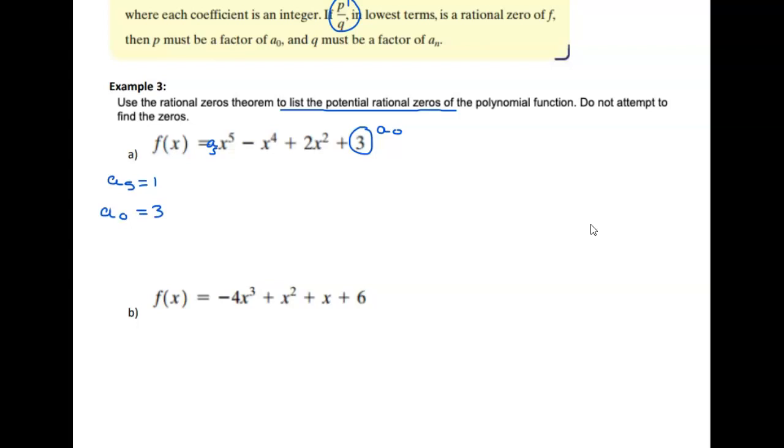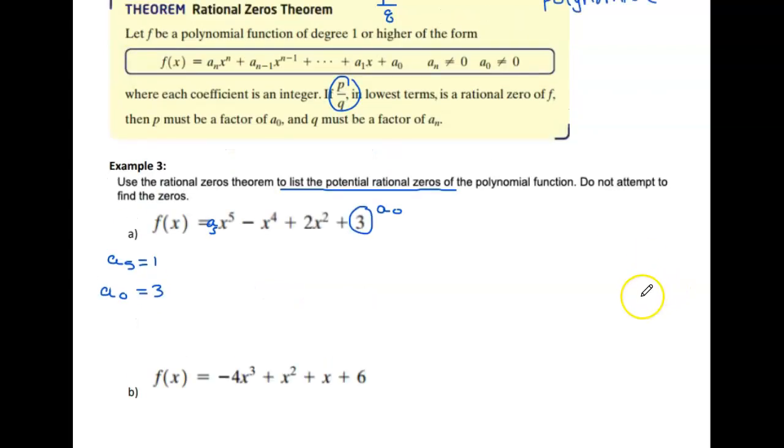The theorem says we're going to list all the factors of a5, anything that divides into that number. All the factors here are plus or minus 1. And we're going to list all the factors of a0, plus or minus 3. You have to take the positive and the negative.